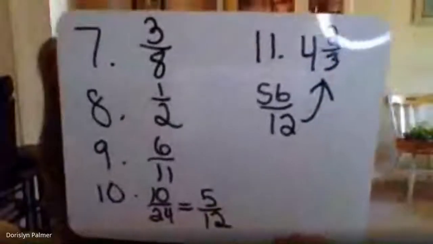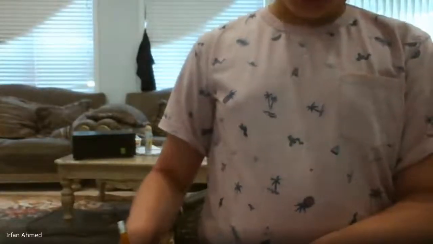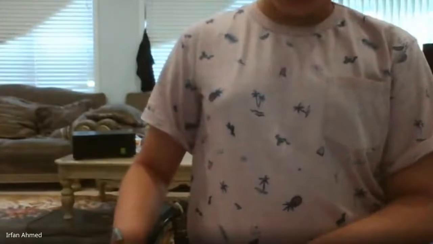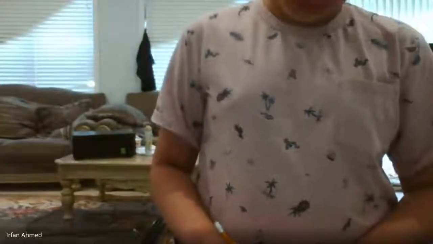I'm holding it up, Irfan. Can you see it? Oh, sorry. 3 8ths. Yeah, you're right. I messed up again. Gorgeous, honey. Okay. Number 12. It only seems to be on the ones I do though. It's always the way, Jack.